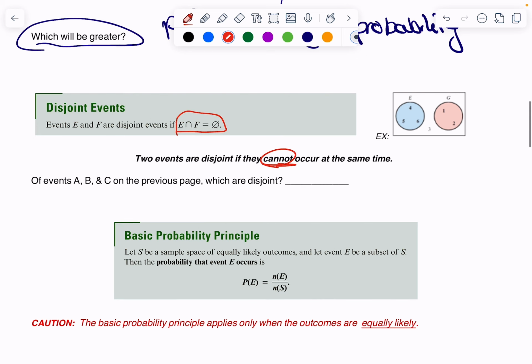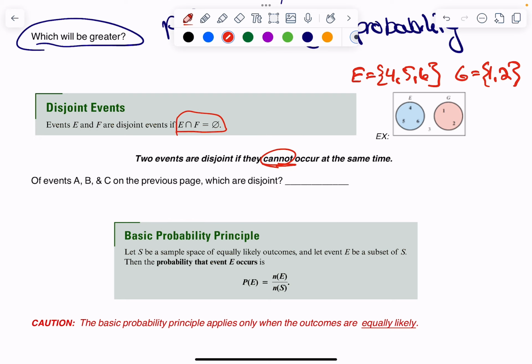So if we look at this Venn diagram here, our event E is 4, 5, and 6, and our event G is 1 and 2. So those are two totally separate numbers. The circles are not on top of each other. There's a gap between. So those are going to be disjoint.